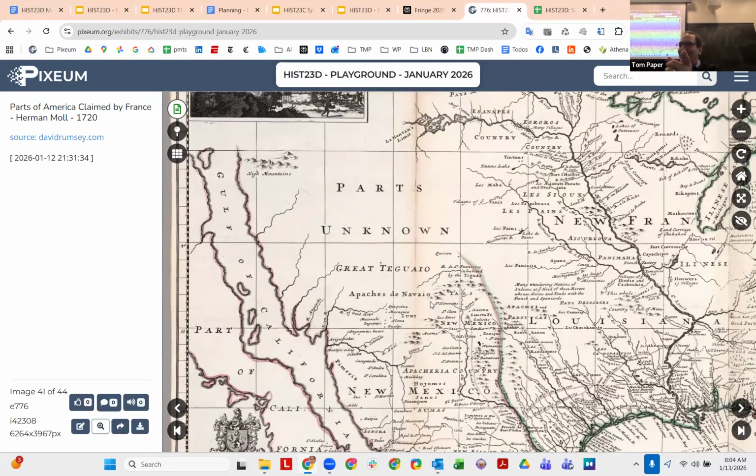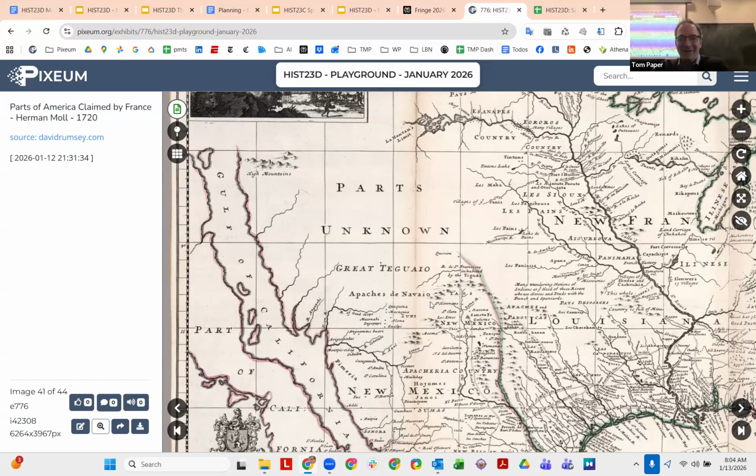So it's pretty much from 1622 to 1720 or so. And this is right at the end of the time that California was still portrayed as an island. And so he may be giving a nod here to the old way of looking at it.